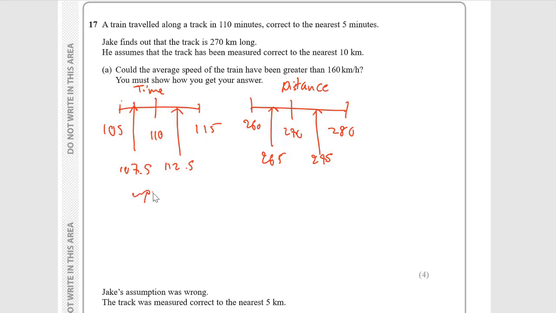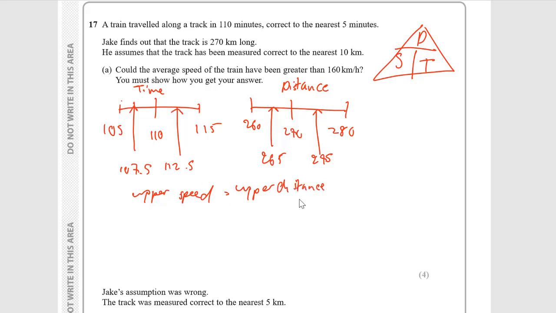And so the upper speed, so remember our triangles, so it's distance, speed, and time. So upper distance and the lower time, because we're trying to maximize, to get the upper speed. So it's 107.5 divided by 60, again remember the 60 minutes, which is 1.7916 recurring.